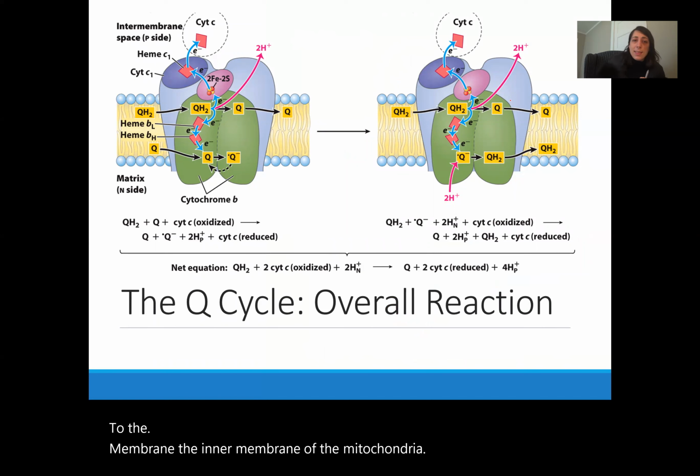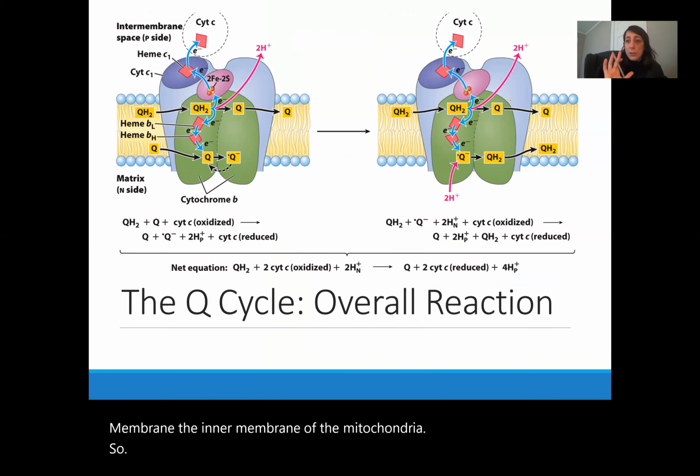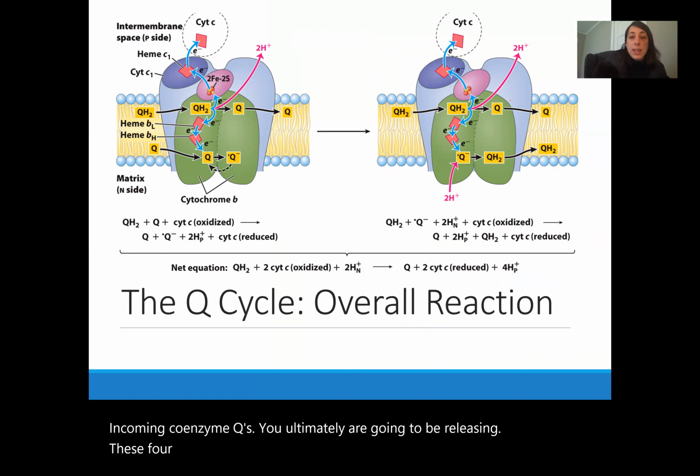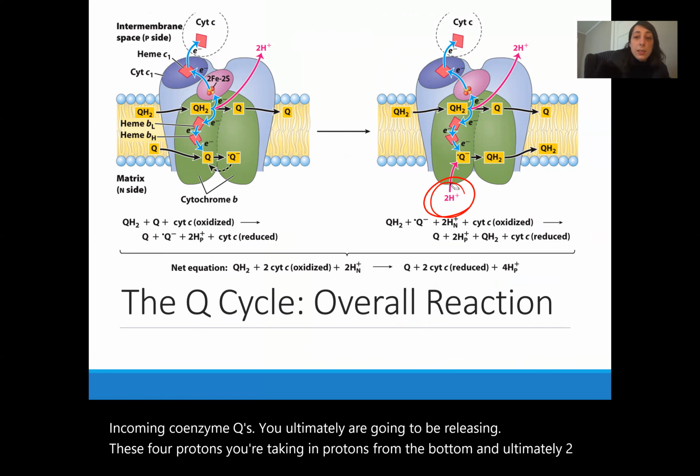So this actually looks like you have to use 2 incoming coenzyme Qs. You ultimately are going to be releasing these 4 protons. You're taking in protons from the bottom, and ultimately 2 cytochrome Cs are moving.